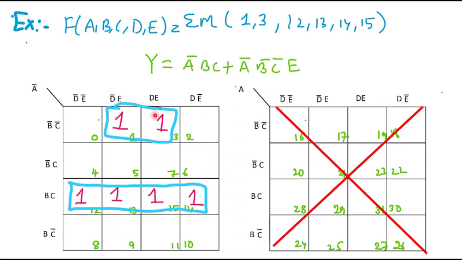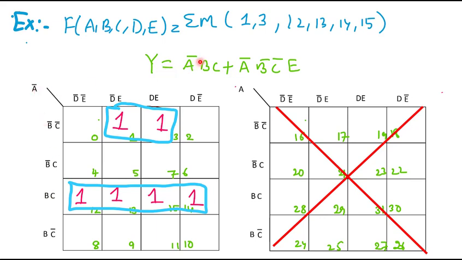If you look at this pair, it will be like B bar, C bar of, you can see E. So you are going to multiply this B bar, C bar, E into A bar. So you are going to get A bar of B bar, C bar, E. Similarly, if you take this quad, you are having BC, but this BC is supposed to be multiplied with A bar.